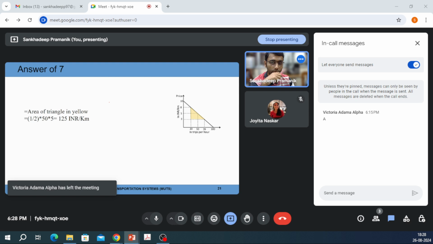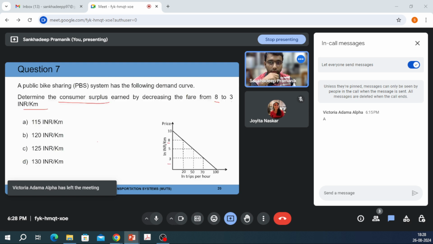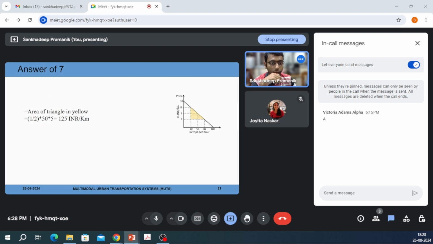So for consumer surplus from 8 to 3, for the 8, total will be this much portion, and for 3 that will be this much portion. So what is the surplus, it is the portion that is shaded in yellow here.